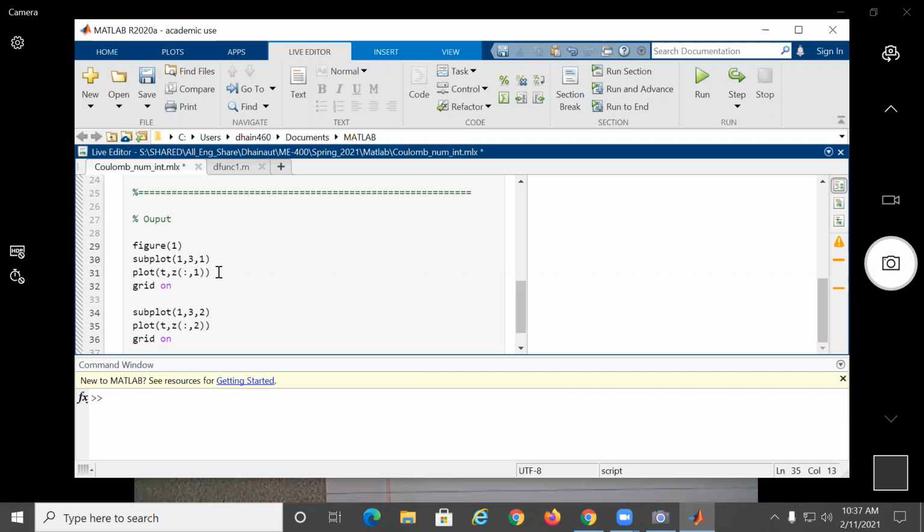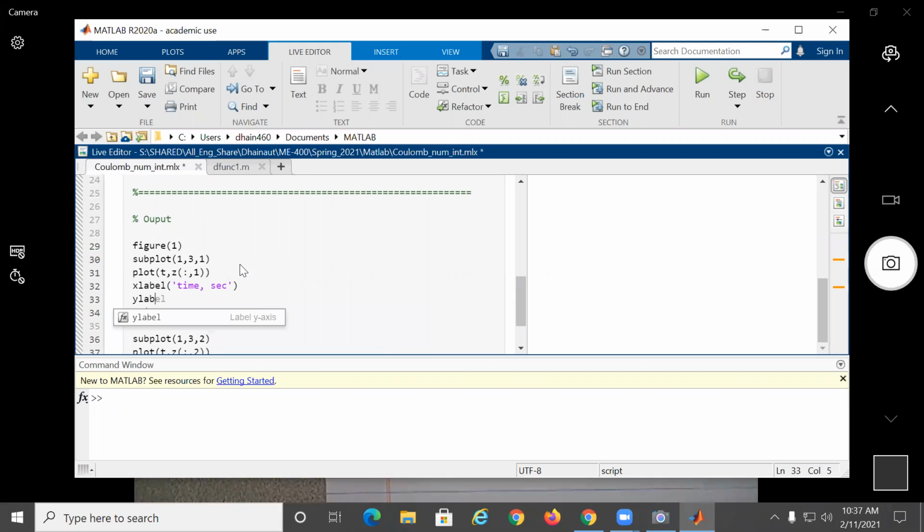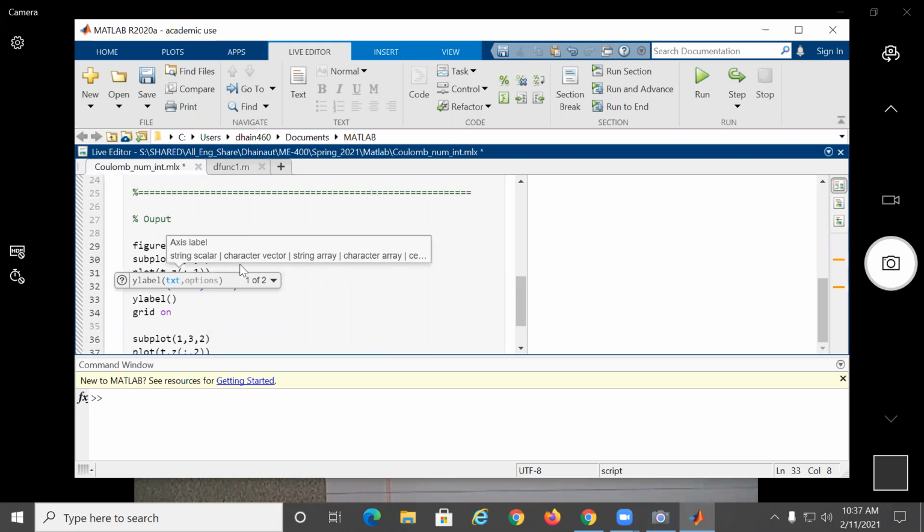All right, and here, let me just do a bit better. I forgot X label. So the X will be the time in seconds. The Y label will be the displacement or response in meters.